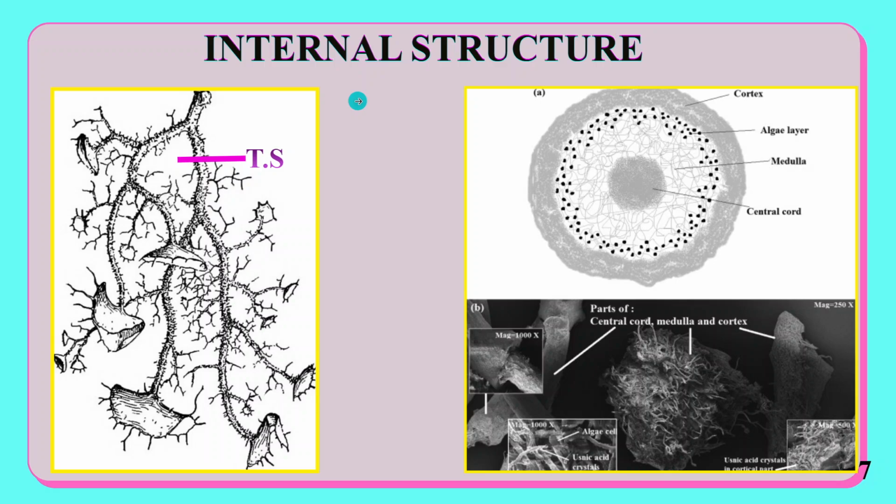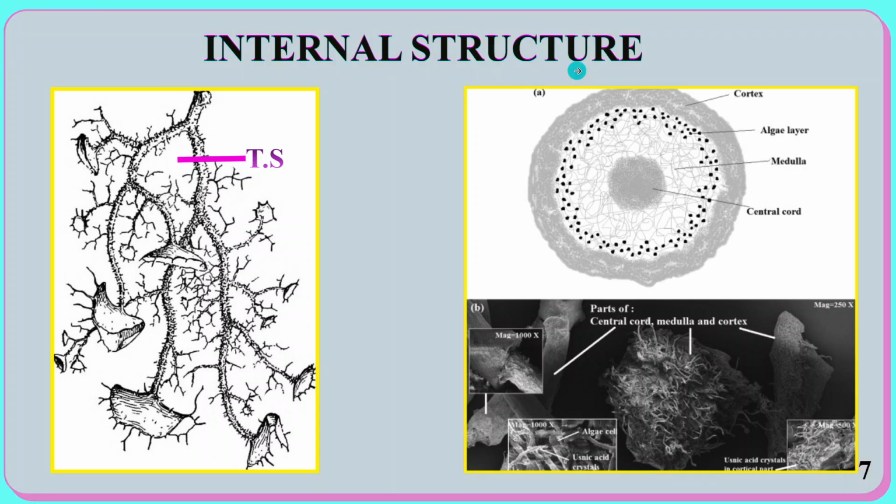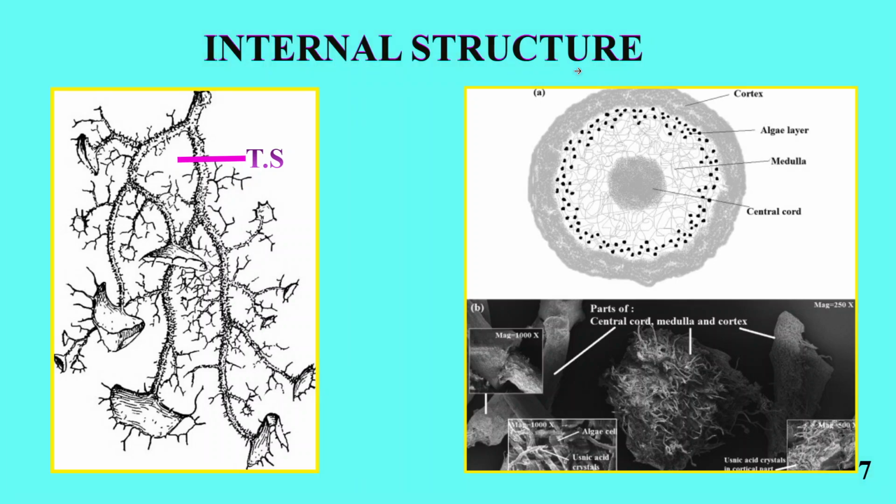So now we get into the details of the internal structure of Usnea thallus. Here you can see the hanging pendulous Usnea thallus, and you can take a transverse section or cross section in any of these regions, and you will come across a beautiful cross section where we can start from the central cord, which is otherwise referred to as chondroid axis.